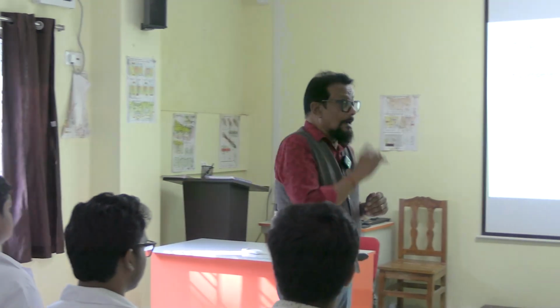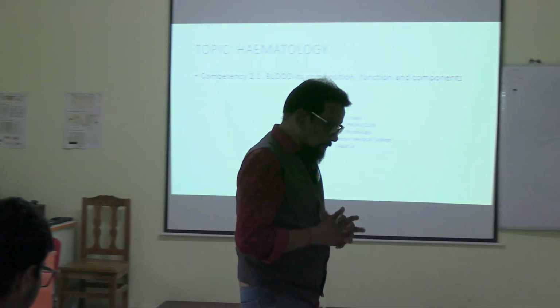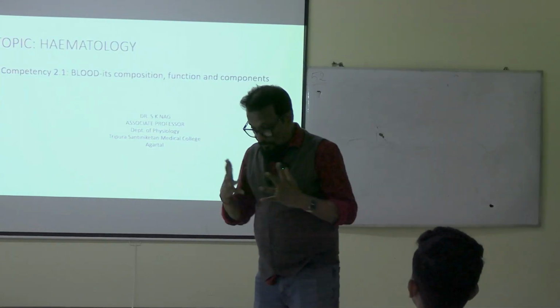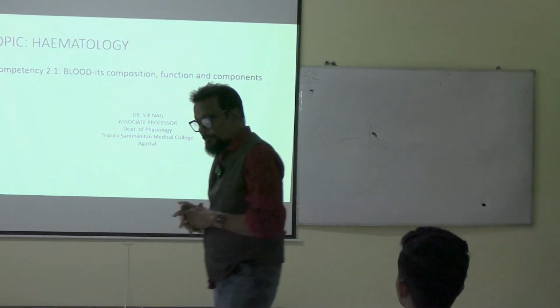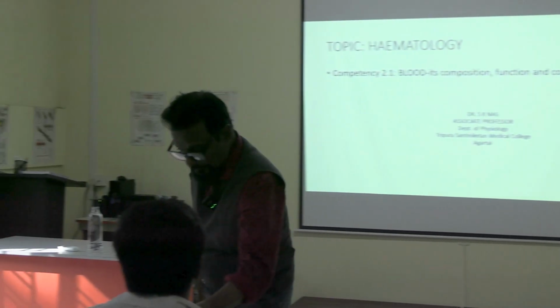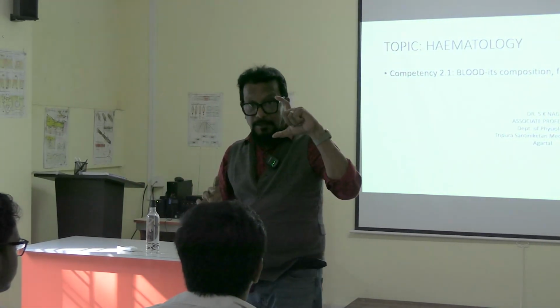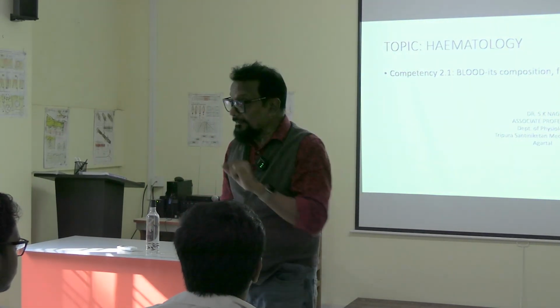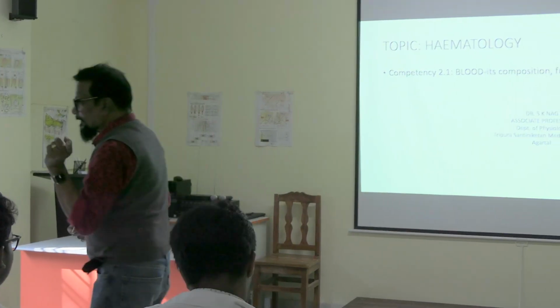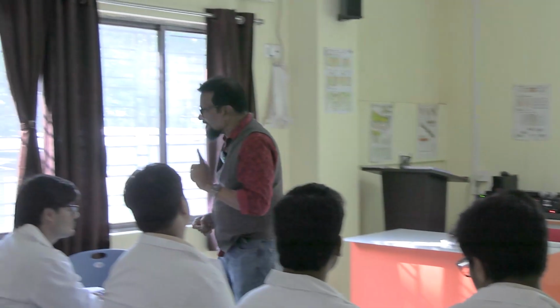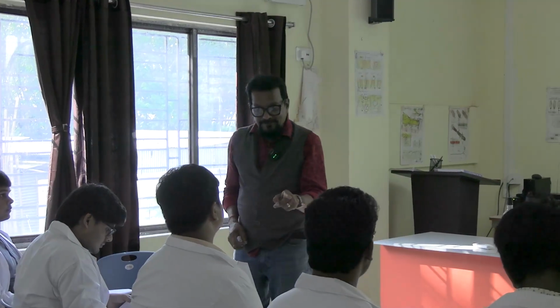Now, if we want to learn the composition, what will we be doing? We will be taking out blood into a Wintrobe tube. And the Wintrobe tube must have anticoagulants. Otherwise, blood will be clotted there.